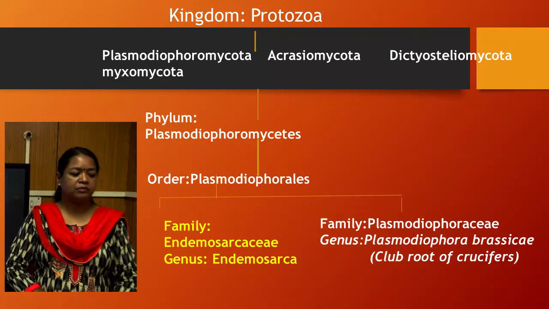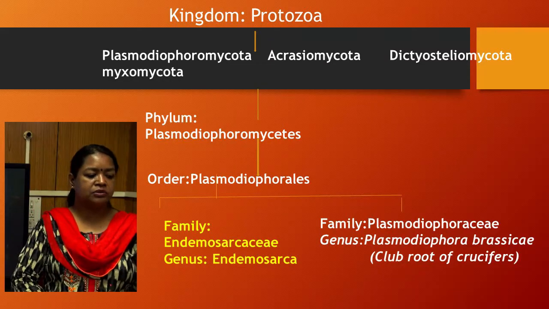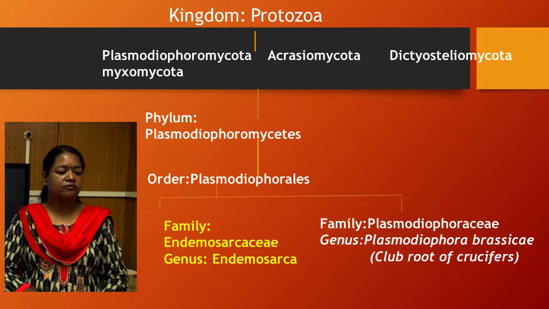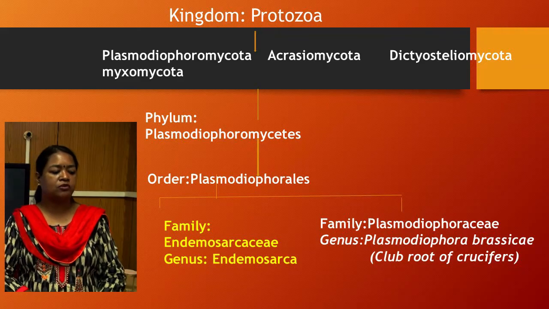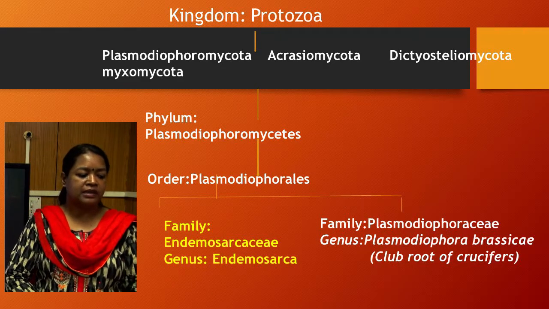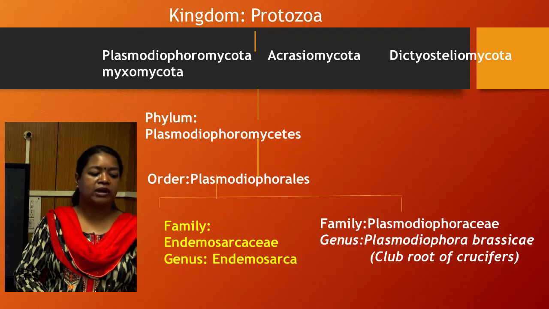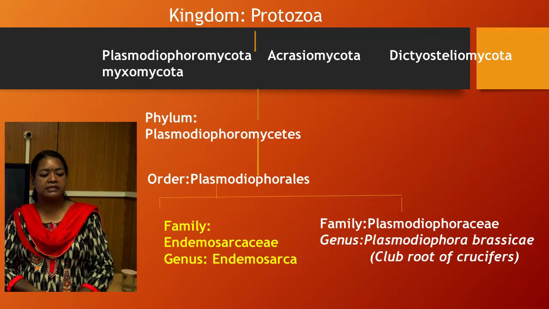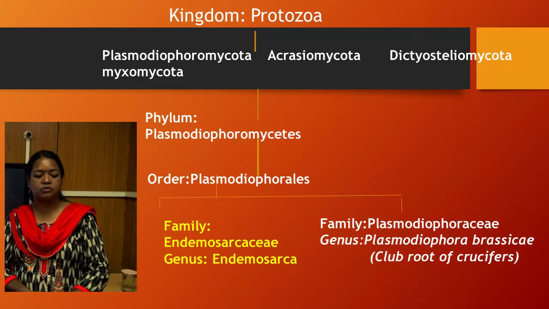Now coming to the kingdom Protozoa, it is divided into four phyla. First is Plasmodiophoromycota, second is Acrasiomycota, Dictyosteliomycota and Myxomycota.